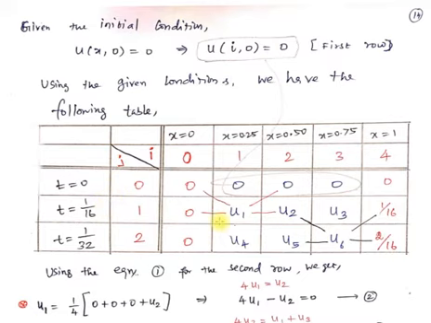So u1, u2, u3, u4, u5, u6. So we want to find out six values. First we find out u1, u2, u3. Then using u1, u2, u3, we find u4, u5, u6. Here two times we use the Crank-Nicolson formula.